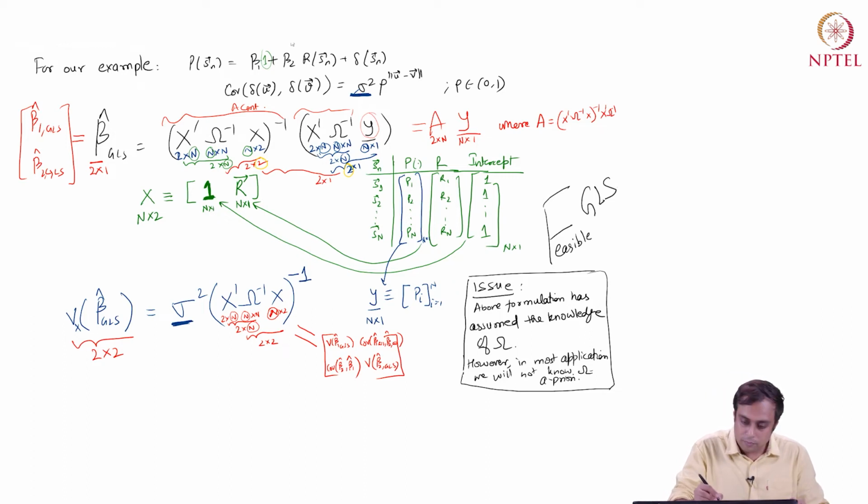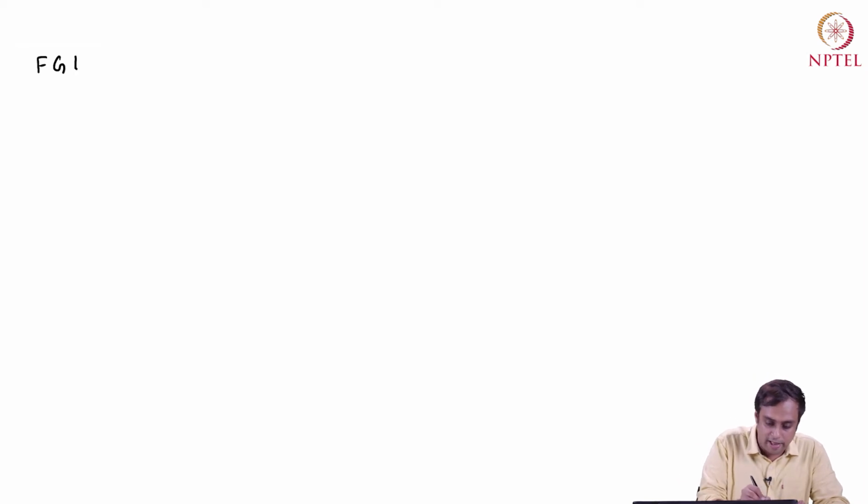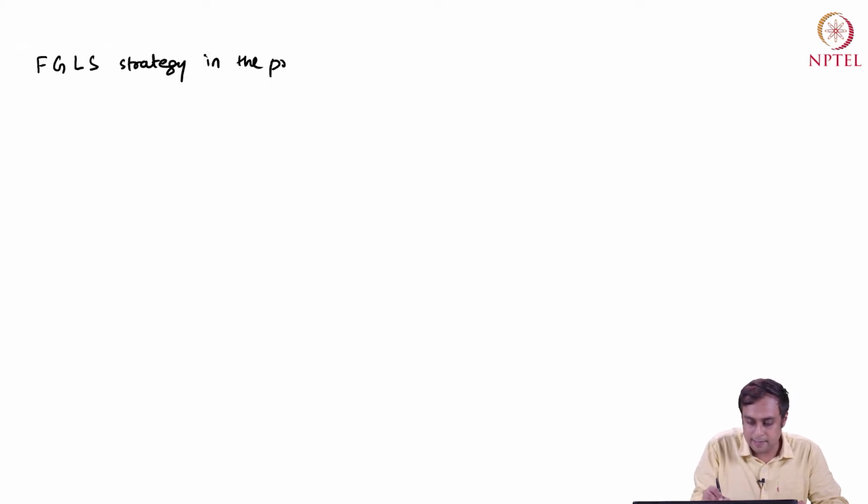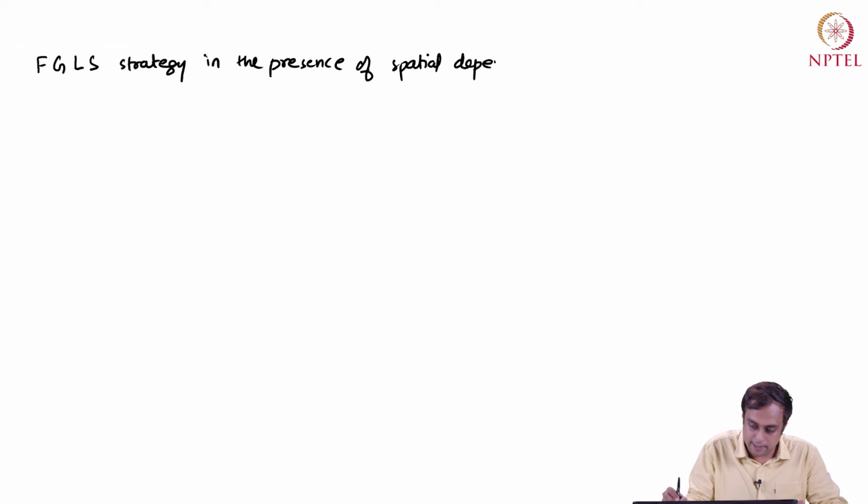I am going to title this slide the feasible generalized least squares strategy in the presence of spatial dependence.